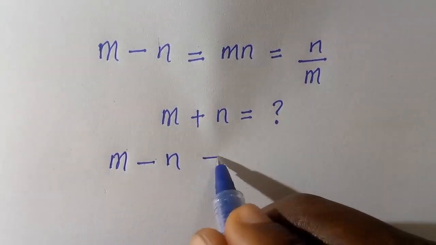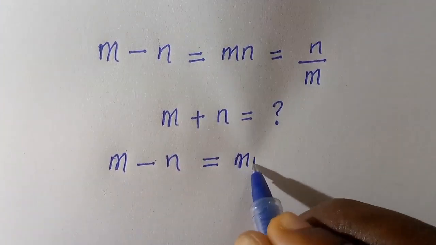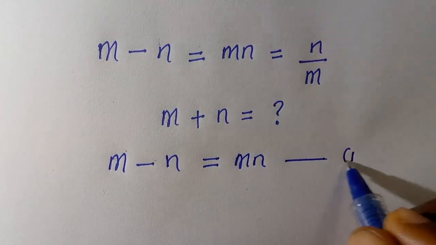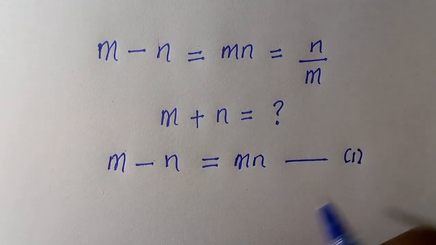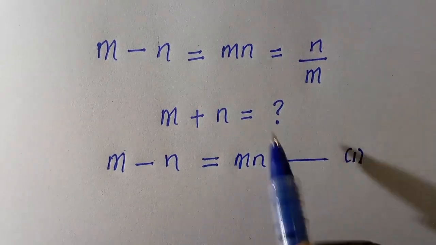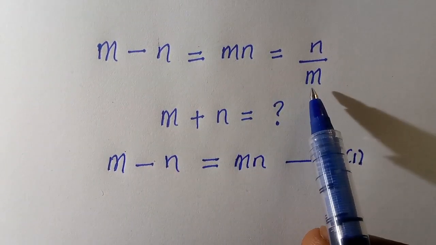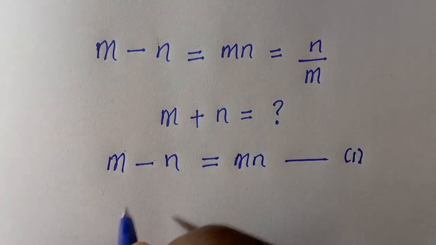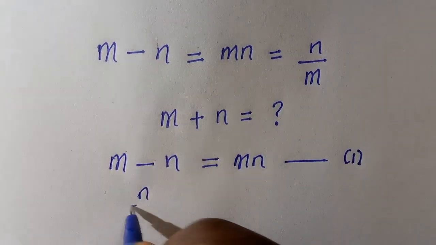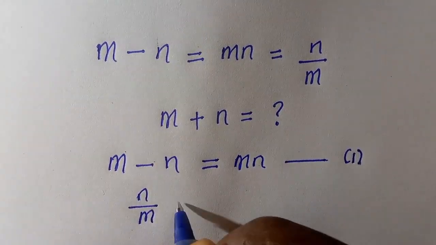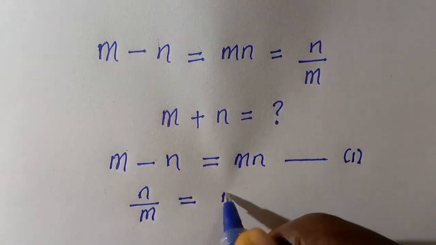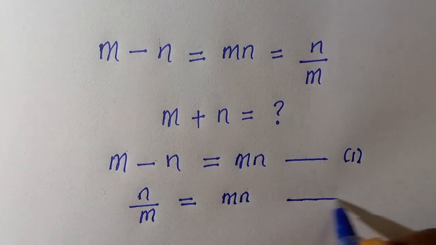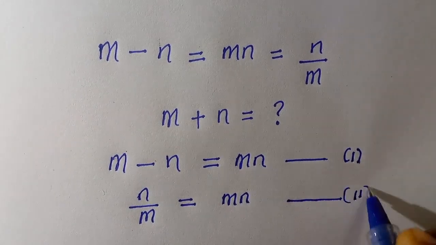So we're going to let it equal mn, and I will call this one equation 1. And again, mn equals n over m, or we have n over m equals mn. So I will call this one equation 2.